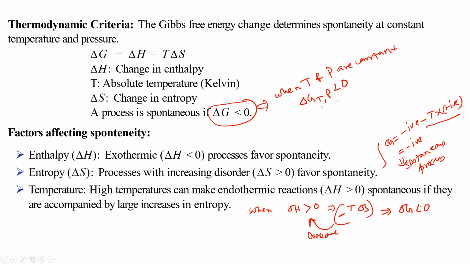So if we see only the delta H value, we cannot say whether the process will be spontaneous or not. Similarly, delta S alone will not tell whether the process will be spontaneous or not. Together, delta H and T delta S will dictate whether the process will be spontaneous or not.